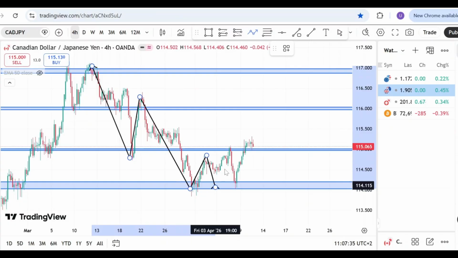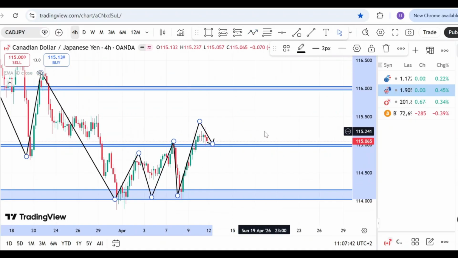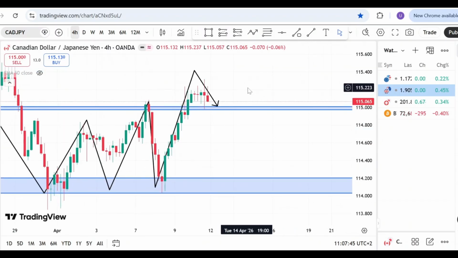But we are consolidating on the daily support with a break of structure, but this test is not stable enough to convince our entry.